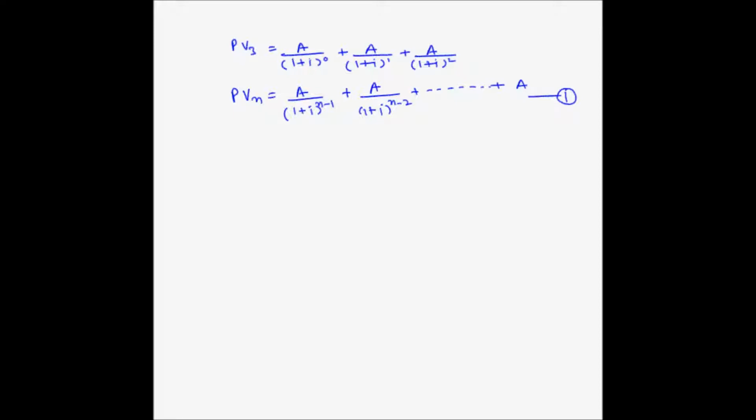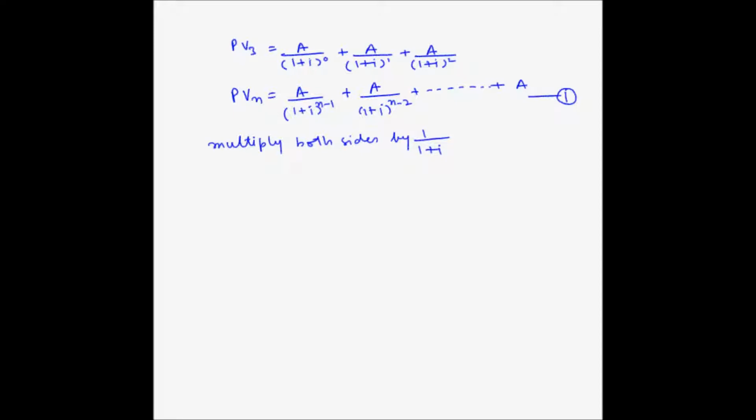Now let's multiply the left hand side and the right hand side by 1 divided by 1 plus i. So multiply both sides by 1 divided by 1 plus i.